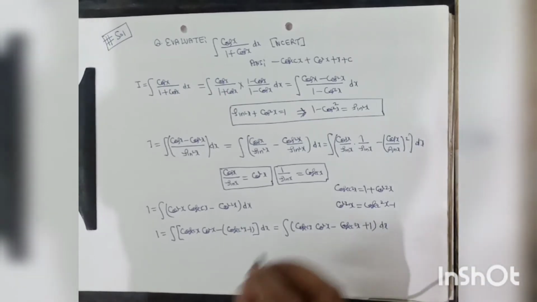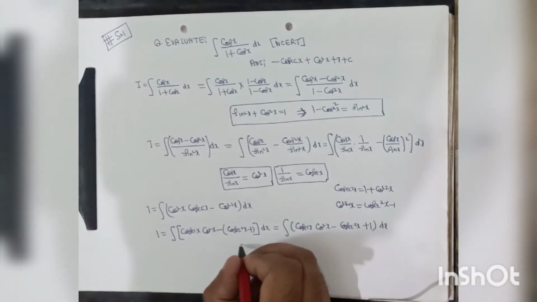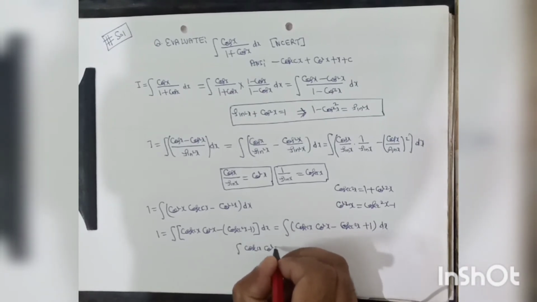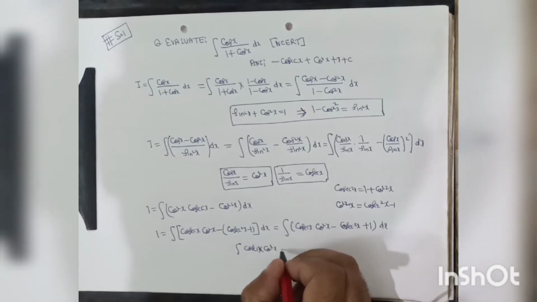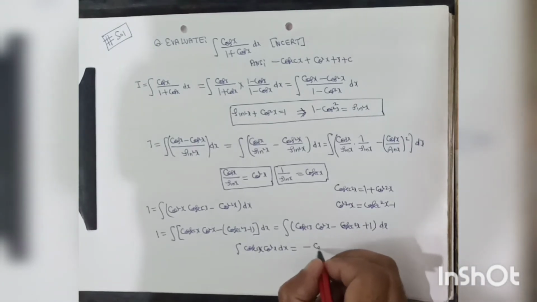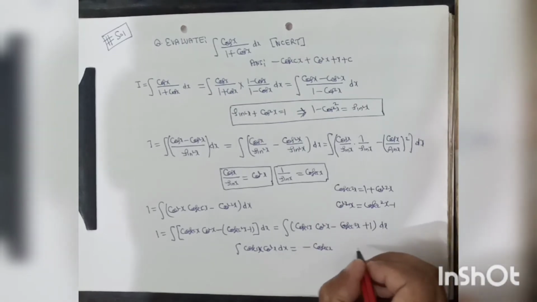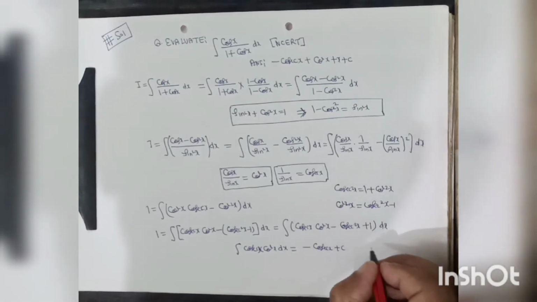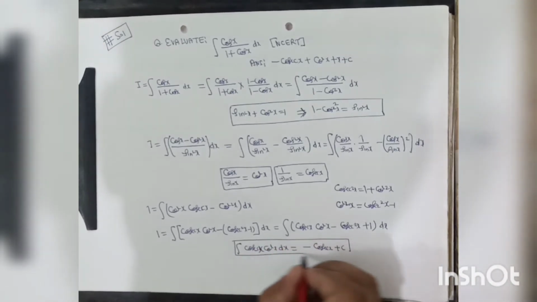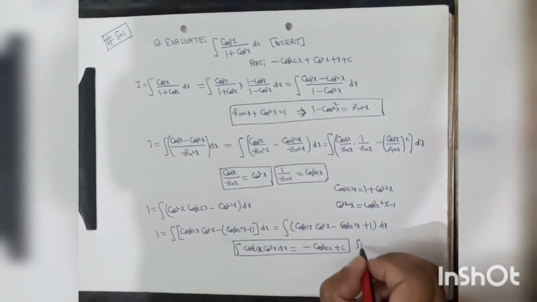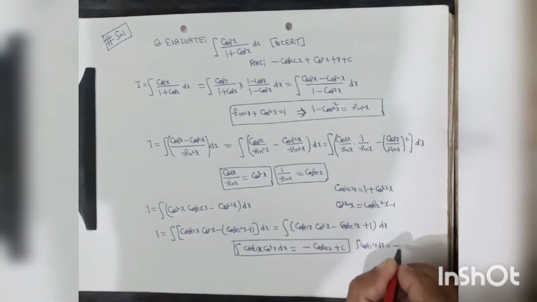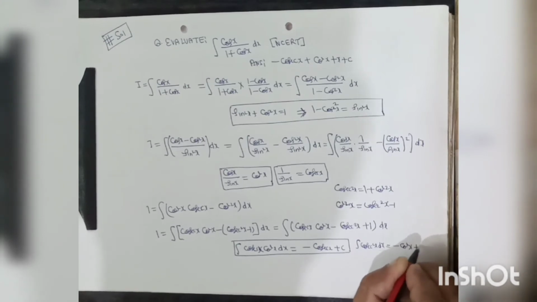Now we know the integration of cosec x cot x dx is equal to minus cosec x plus c, and this is one formula, and the second formula is the integration of cosec square x dx is equal to minus cot x plus c.